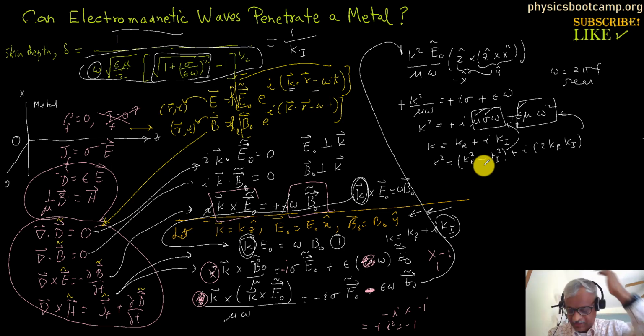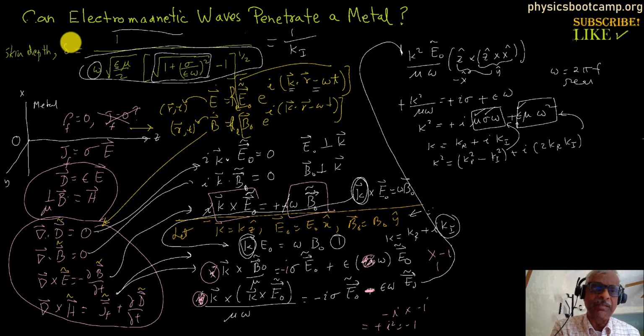If you have done some complex algebra, you will probably be able to get that. But let me write the answer for you, and I'm not going to work out this calculation. I'm going to use it just to show you where this skin depth follows from. How does this skin depth follow from this?